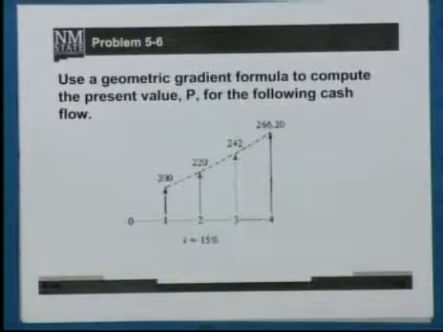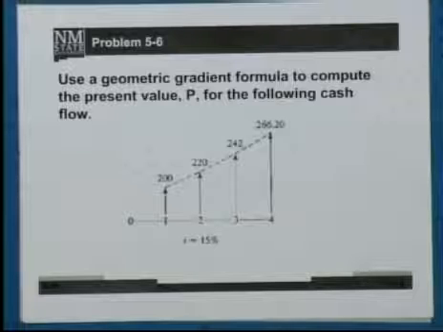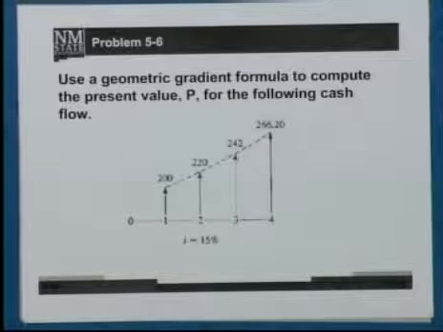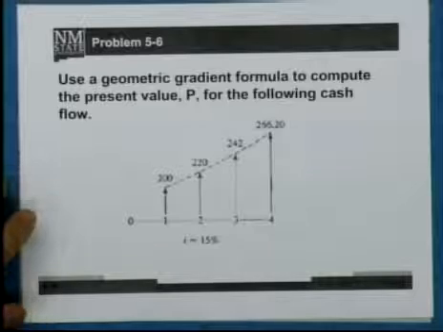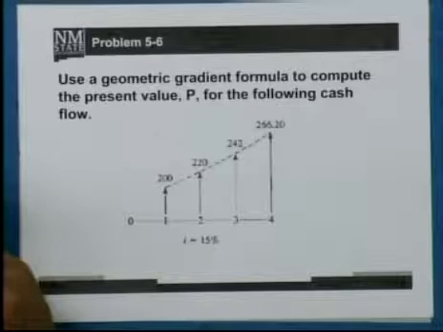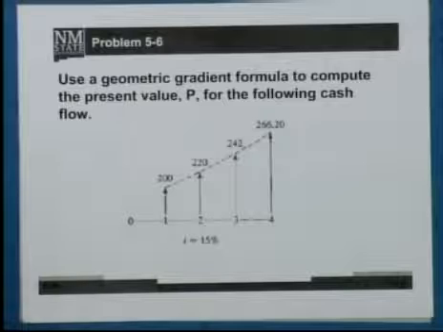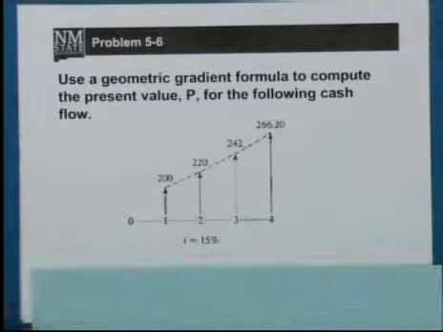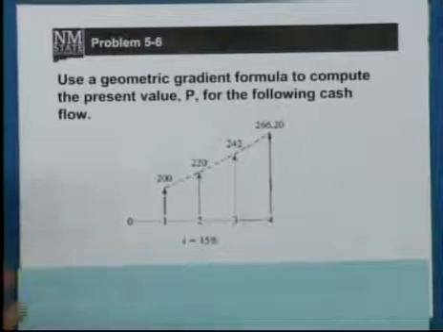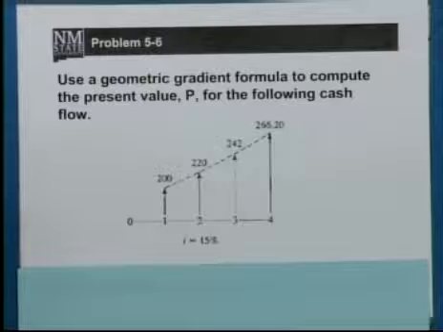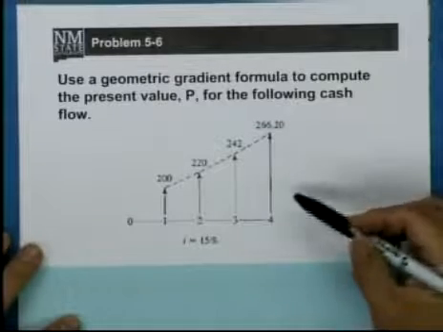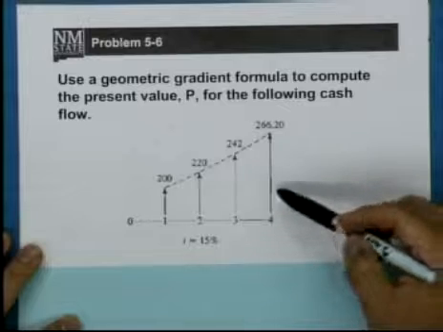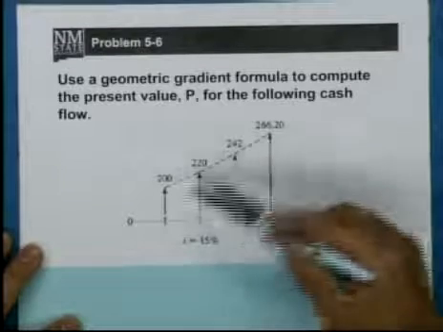Okay. So this is the geometric gradient series. In chapter 4, you've learned about geometric gradient series, in which the cash flow has a constant or uniform rate of change each period, right? Then what is the period by period change amount in this case, in this cash flow diagram?